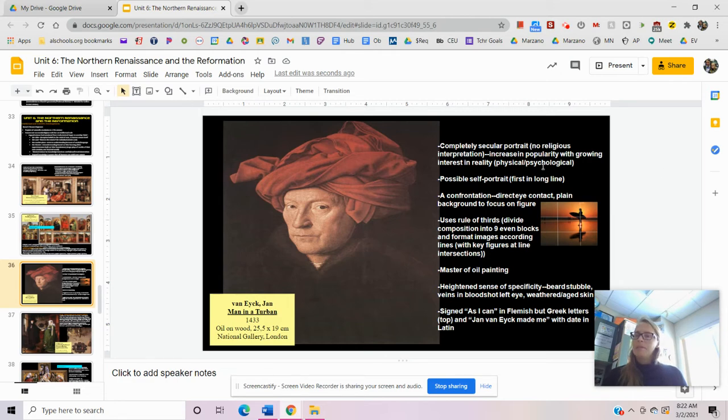And especially what happens too, on a side note, in Northern Europe is this focus in how the physical aspect of people translates to psychological messages. And so we'll see more Northern painters start to explore the psychology behind the person being painted. Sort of like what we saw with Mona Lisa even.